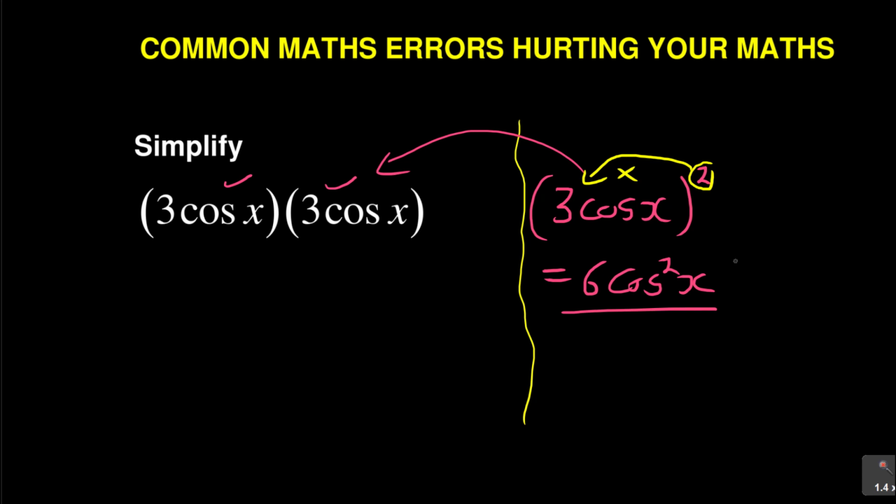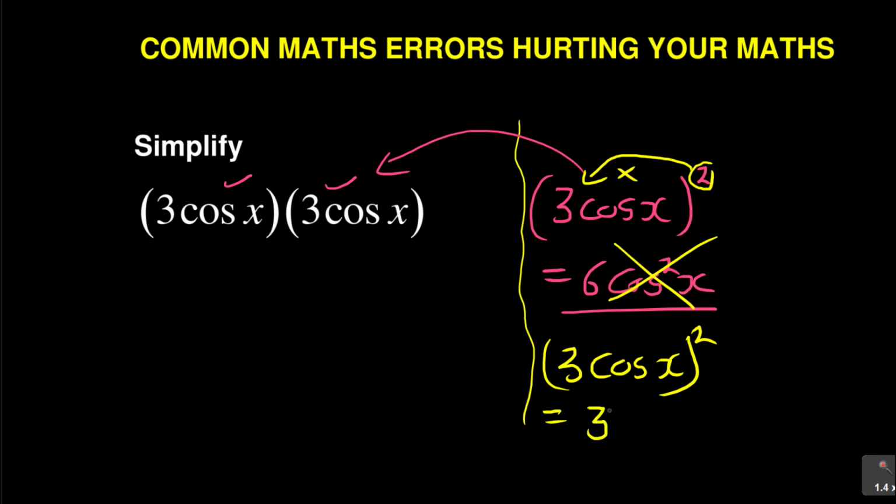This is not correct, because what you have is (3 cos x) squared, which means 3 squared cos squared x. You see that now? 3 squared, this is a square here, not 3 times 2, and 3 squared is 9 cos squared x. I hope you're not going to be caught up by that error.